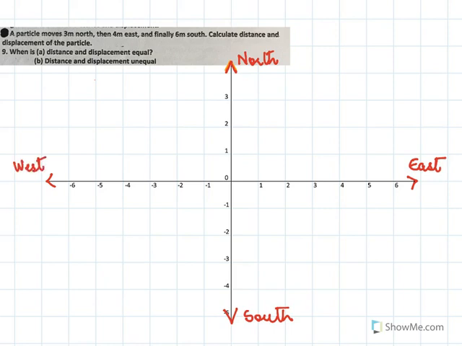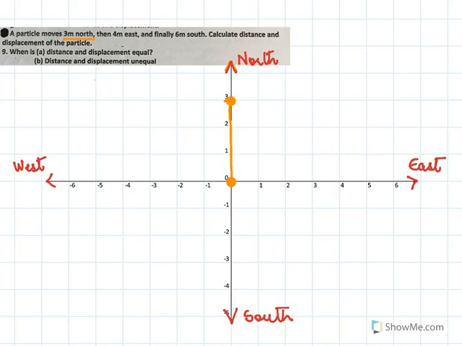Now let us assume that the particle is starting from this point O. This is the starting point, the initial position. In the first case they said it moves 3 meters north. So let's move 3 meters north. 1, 2, 3. So it is here at this point.